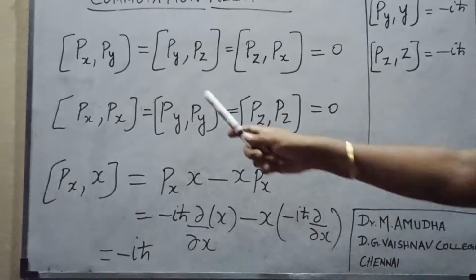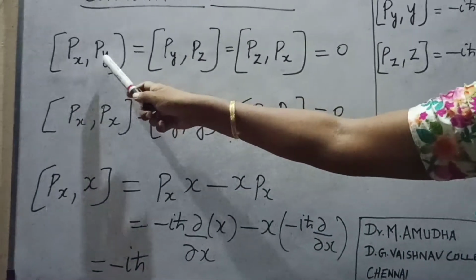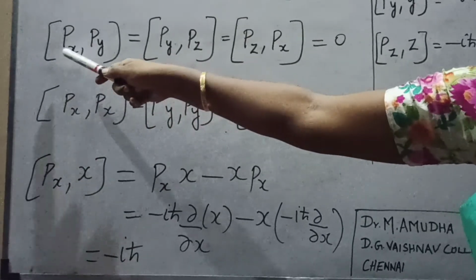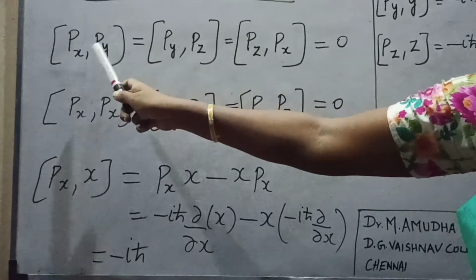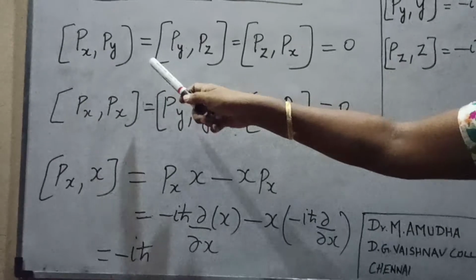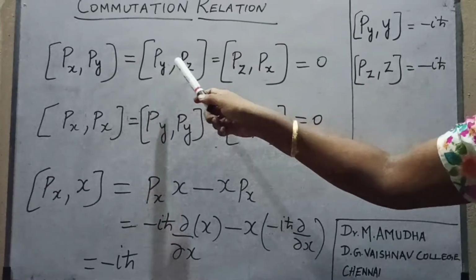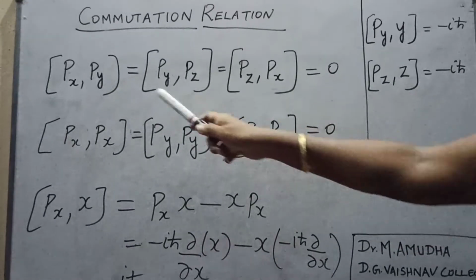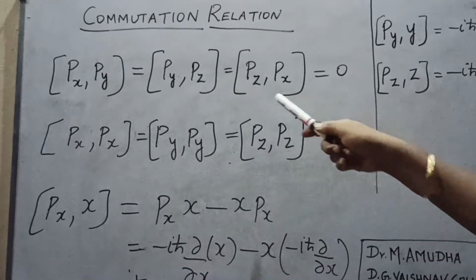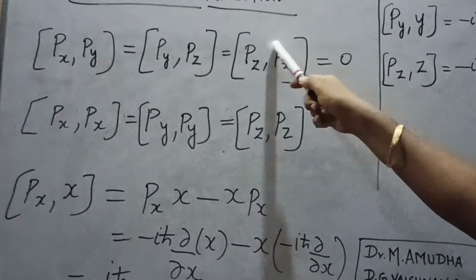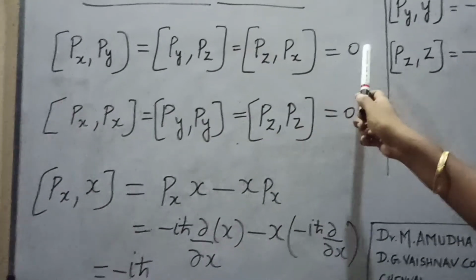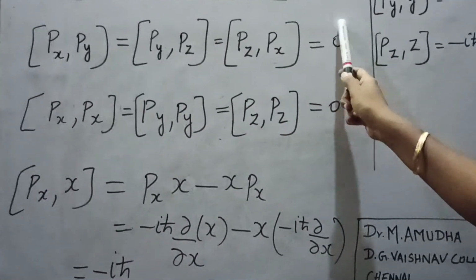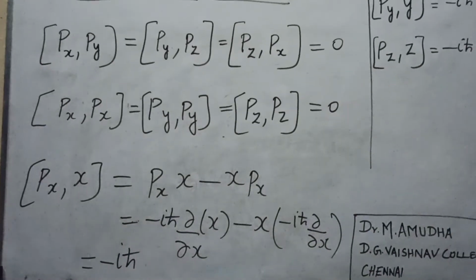Now we will see the commutation relation between the momentum operators themselves. These are the two components of the momentum operator, Px as well as Py. Similarly, the commutation relation between Py and Pz, Pz and Px. For all these, the value is 0. So if the components are of the same operator, then we can easily put the value as 0.